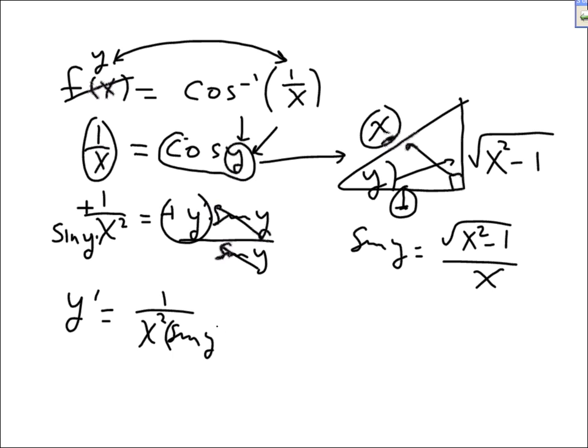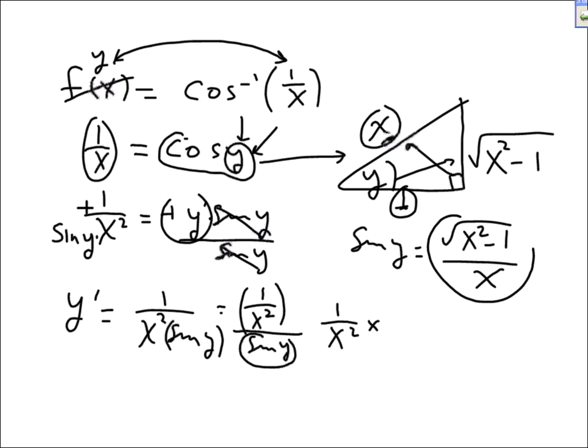So instead of taking 1 over x squared and dividing by sine y, I can take 1 over x squared and multiply by the reciprocal of sine y, which is x over the square root of x squared minus 1. 1x on top kills off one of the two x's in the bottom, leaving 1x in the bottom.